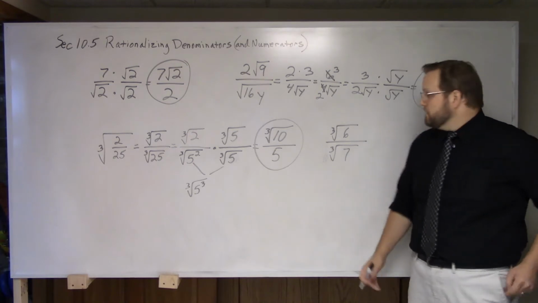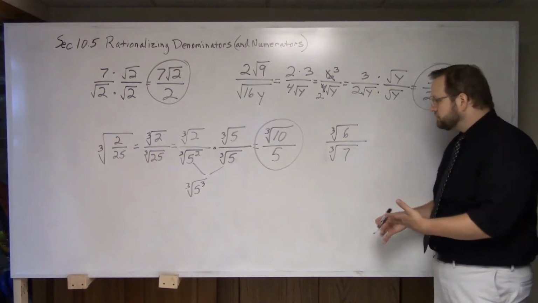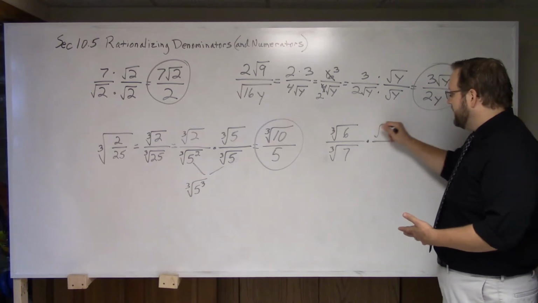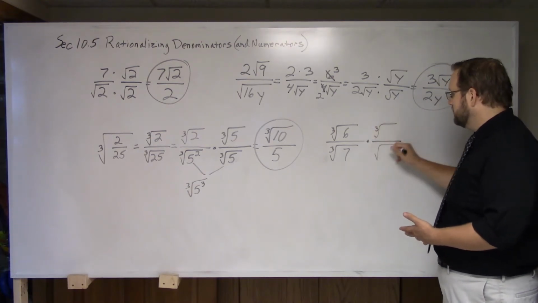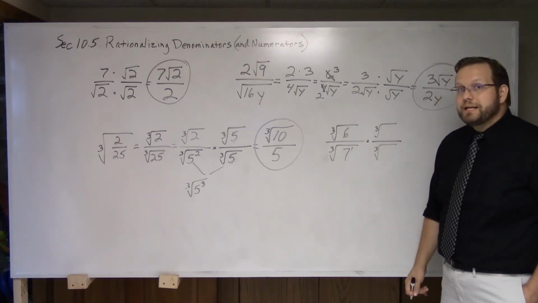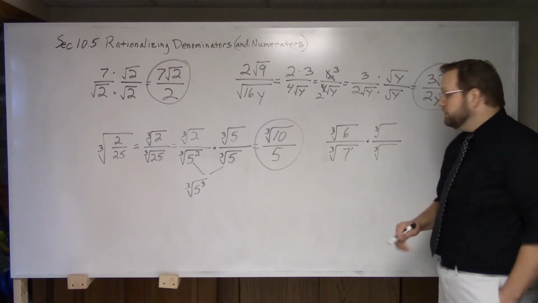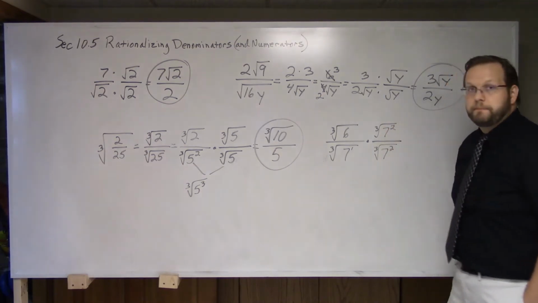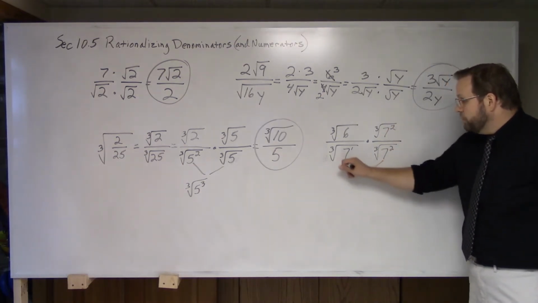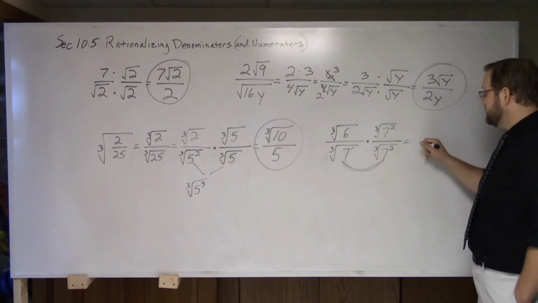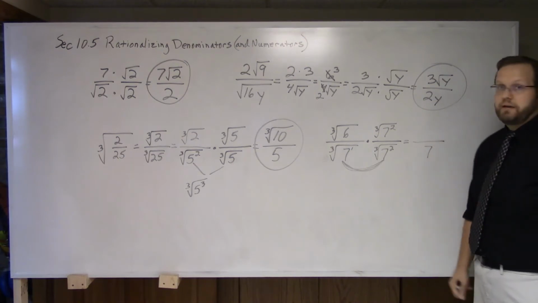Let's look at this one for a second. If we have that, we need to multiply top and bottom by a cube root. We have a single 7. How many more do we need? To get a 7 cubed, we need 2 more. Now, when we pull these together, we have the cube root of 7 cubed, or just 7.